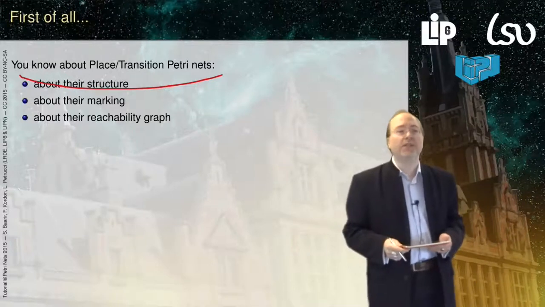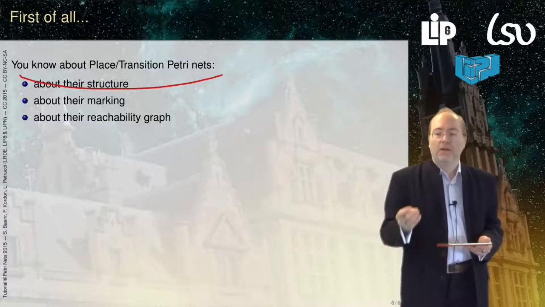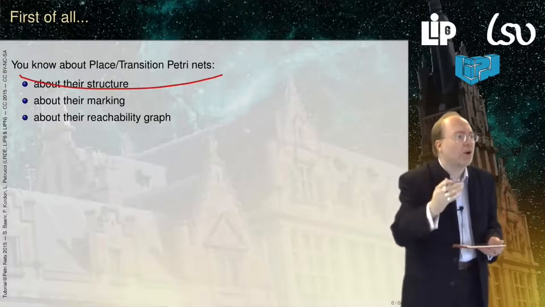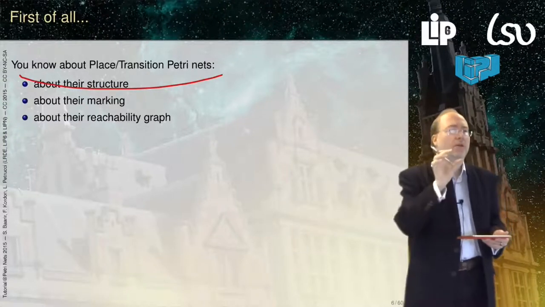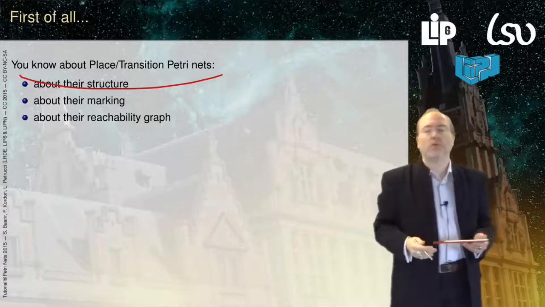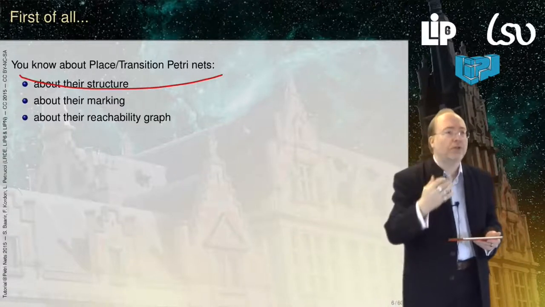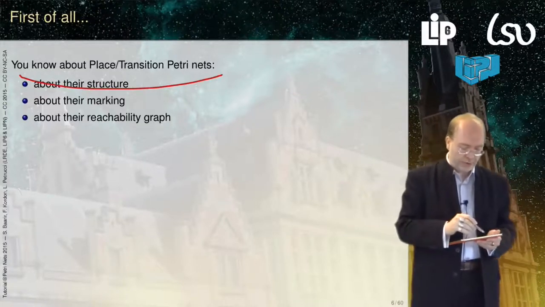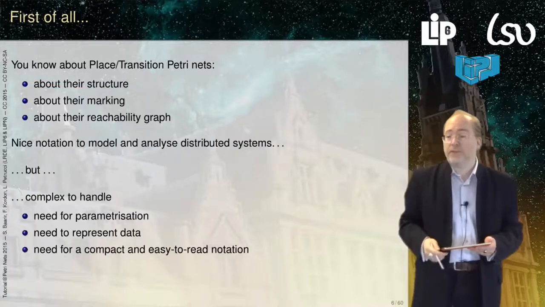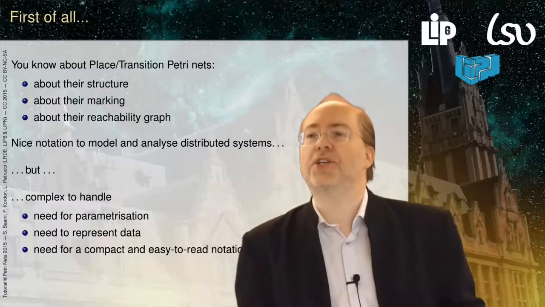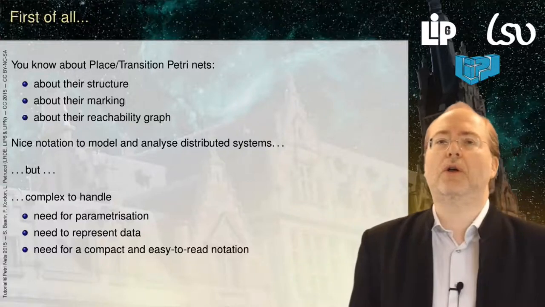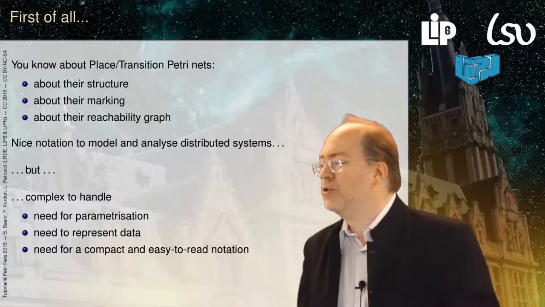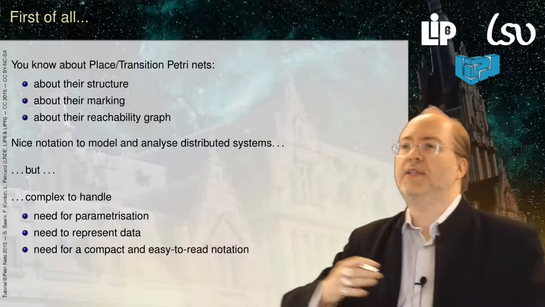The tokens in places just represent the existence of a resource, and using constraints located on transitions, you can generate resources and consume other resources. It's a nice notation. It's very useful to model distributed systems. But you have some trouble when it deals with large systems.